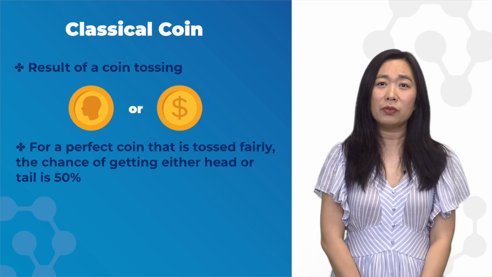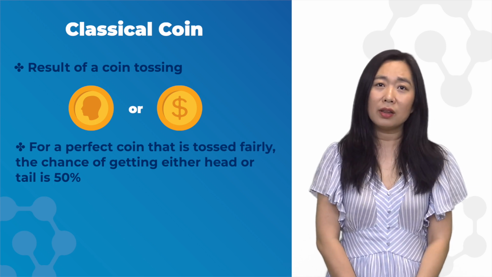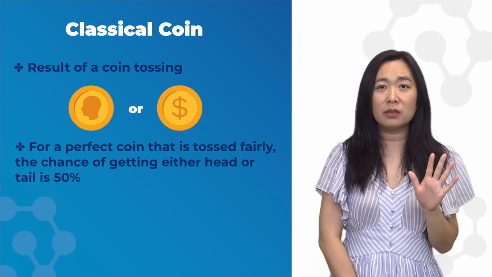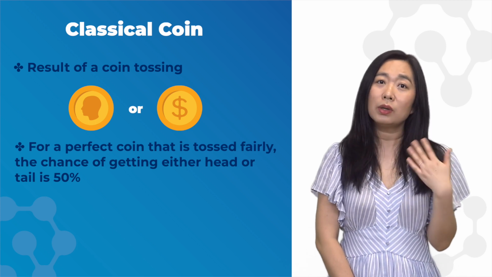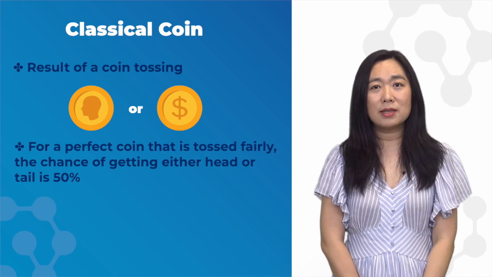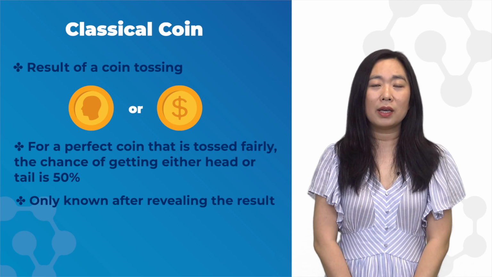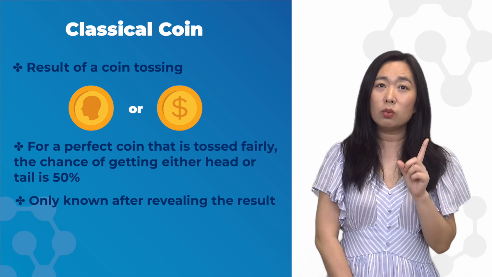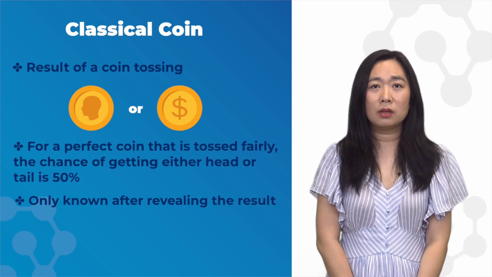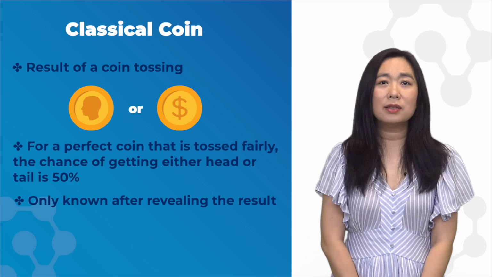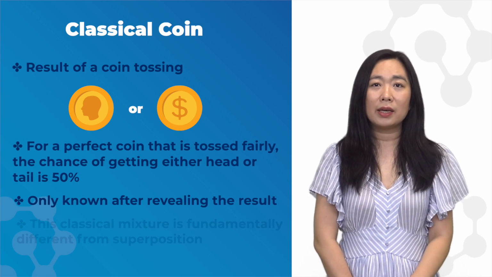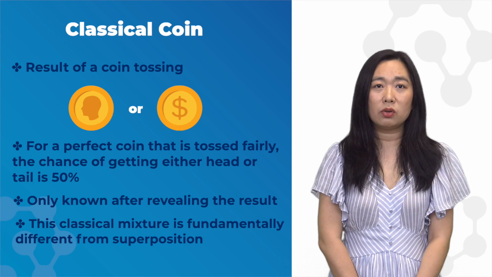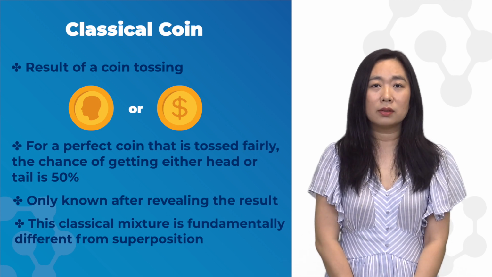If this is a perfect coin that is tossed fairly, we have 50% to get either head or tail. That we can say the state of the coin is a mixture of 0 and 1 during the process. A qubit has the intrinsic property that it can be in the mixture of state 0 and state 1.